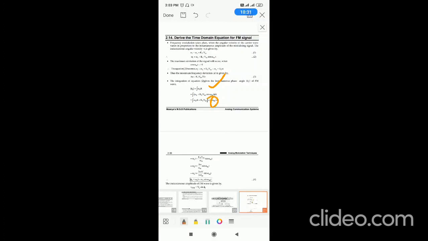So we get omega c t plus kf Vm by omega m sin omega m t, and here we have denoted kf Vm as delta omega. So we write delta omega by omega m sin omega m t.